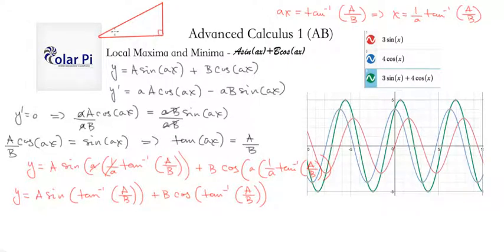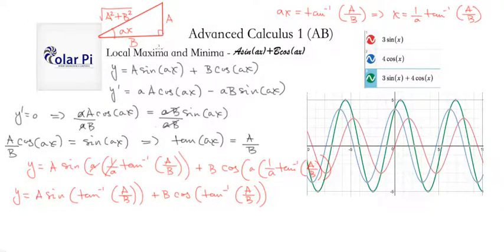We've got a right triangle here and an acute angle AX, so that the tangent of AX is A over B, which would mean this is A and this is B. And by the Pythagorean theorem, that would mean that the hypotenuse is root capital A squared plus capital B squared.